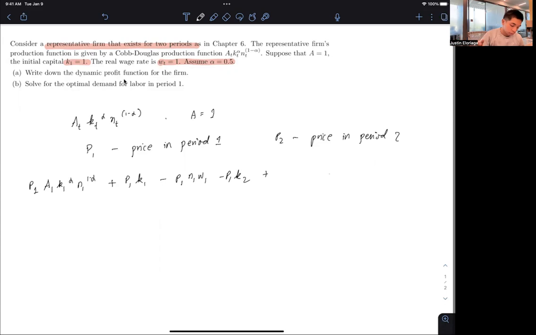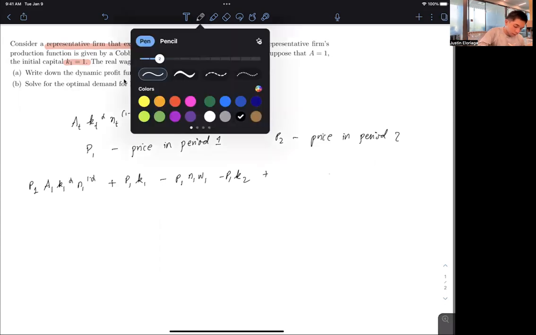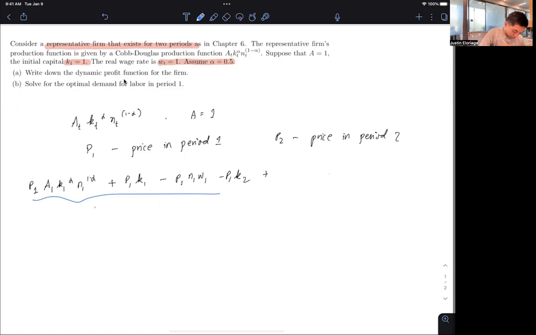Then we have the profit of the firm in the next period too. So this is just period 1 profit. We need period 2, and period 2 is going to be P2 K2, the value of the undepreciated capital at that period, plus the revenue P2 A2 K2^alpha N2^(1 minus alpha), minus P2 N2 W2, minus P2 K3.